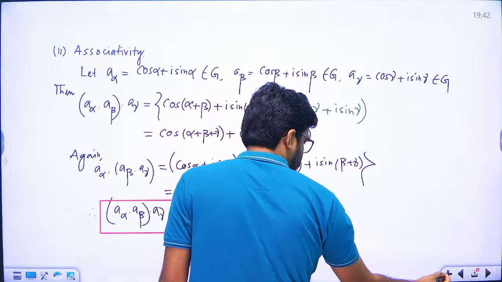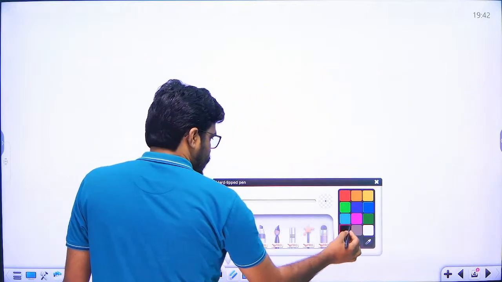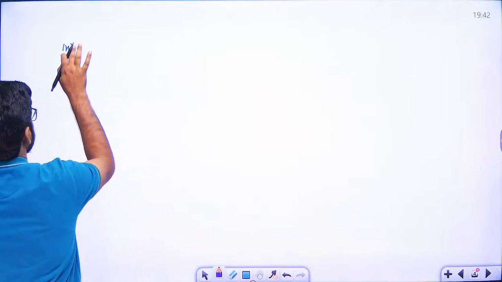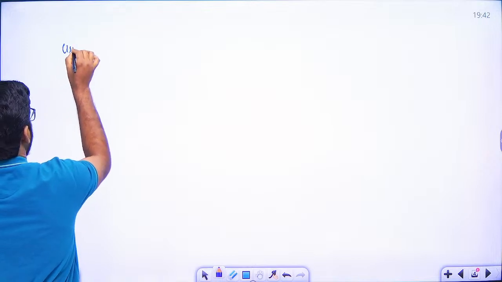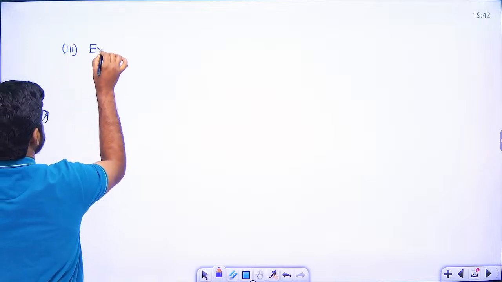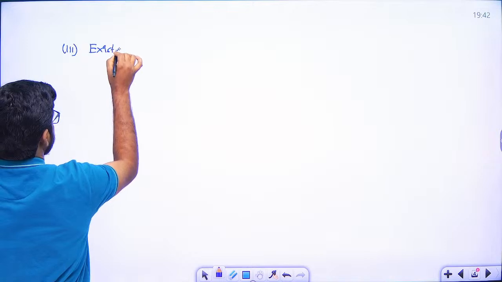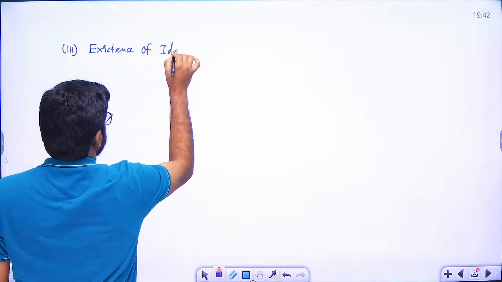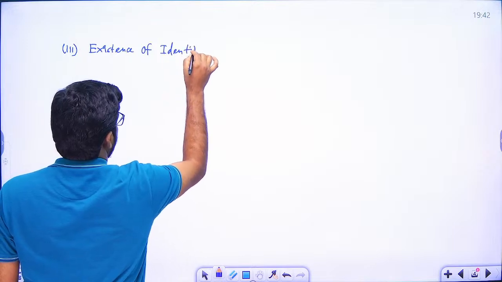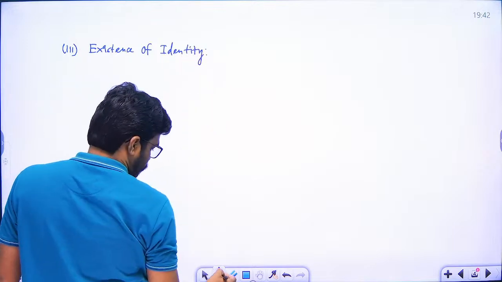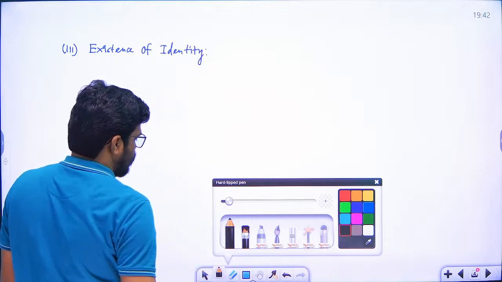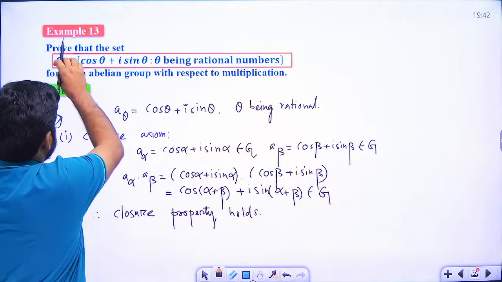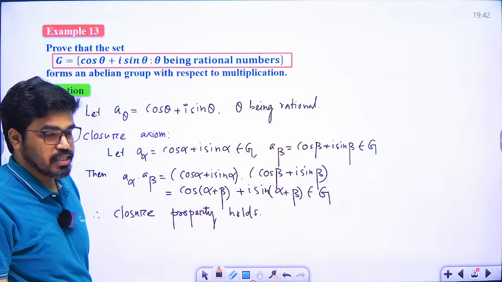So next, number 3, existence of identity. What is the identity element? Here G is defined by cos theta plus I sin theta, right?